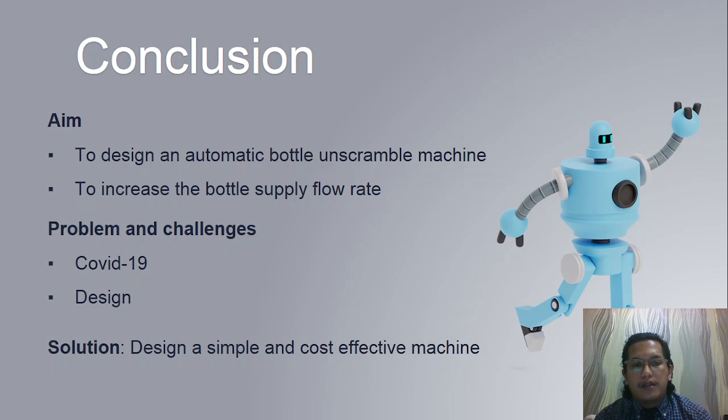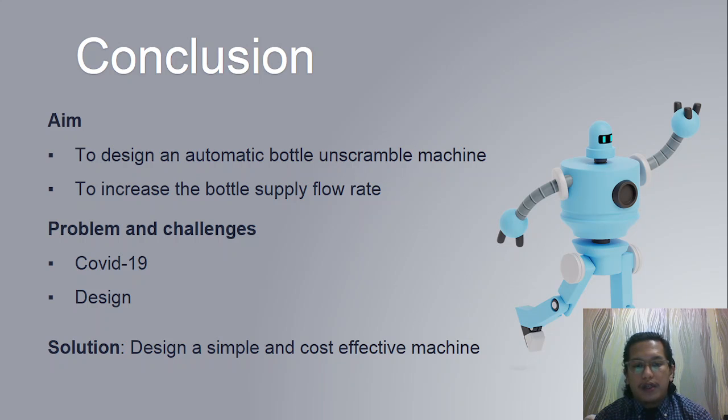So the problems and challenges for this project are first the COVID-19 pandemic, which made it hard to conduct physical research because of the movement control order MCO by the government. And also for the design is to determine the best and simple design mechanism which is less cost. It also includes all the material selection also.